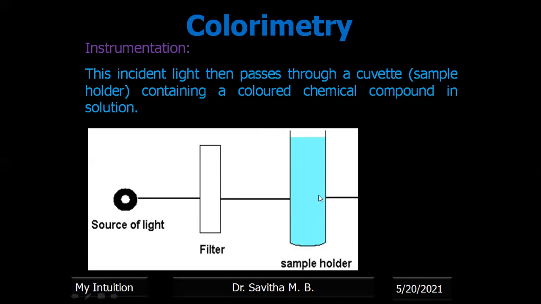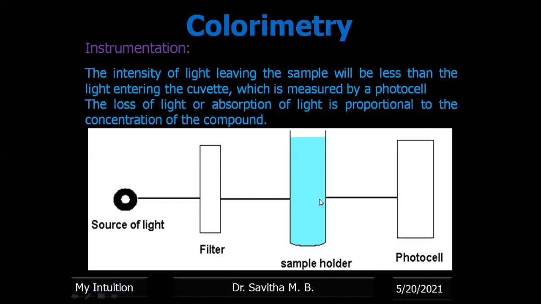The sample is taken in a cuvette. A cuvette is a sample container, and it is placed in the sample holder. The only requirement in colorimetry is that the sample should itself be colored, or when you add some other chemicals, it should get converted into a colored solution. After the filter, the ray passes through the sample holder. The intensity of the light leaving the sample will be less than the light entering the cuvette.